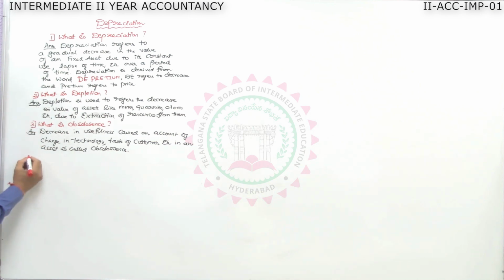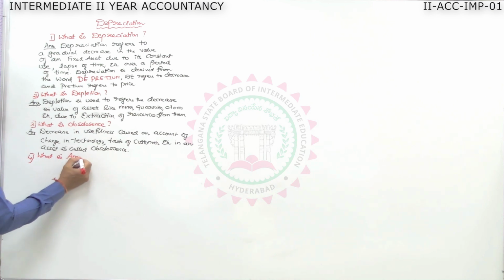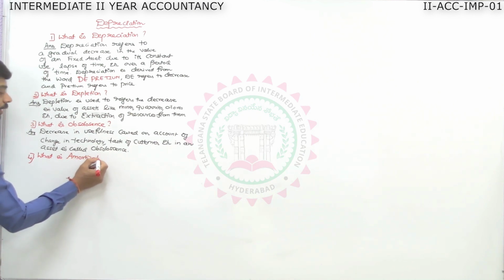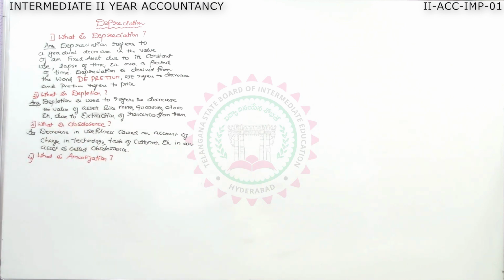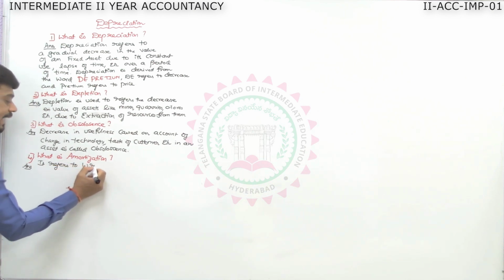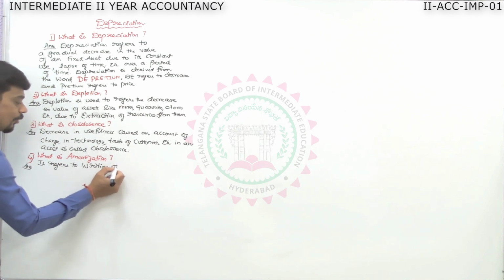Then another important question: you can expect the examiner to ask you what is amortization. Amortization means writing off the proportionate part of intangible assets. We are going to write: it refers to writing off. Please focus on the words.